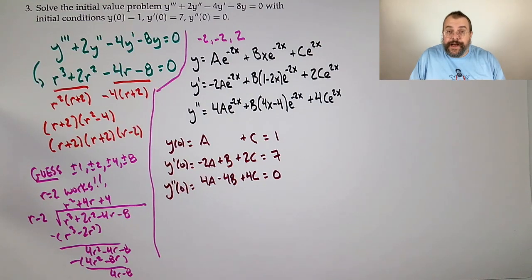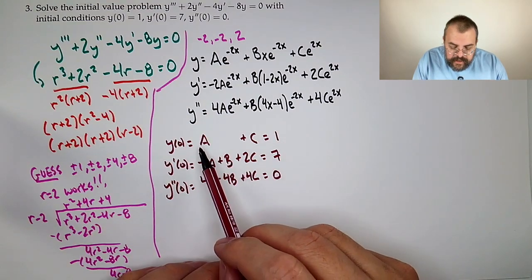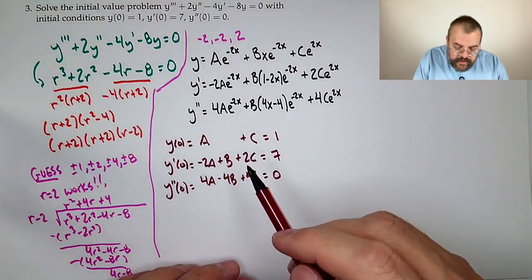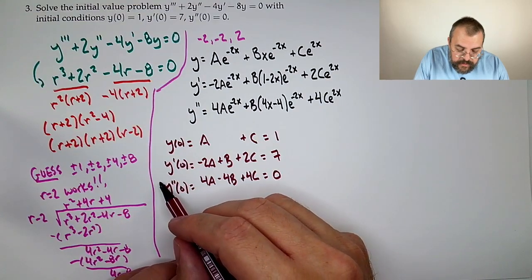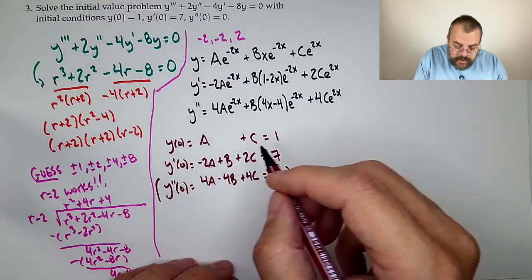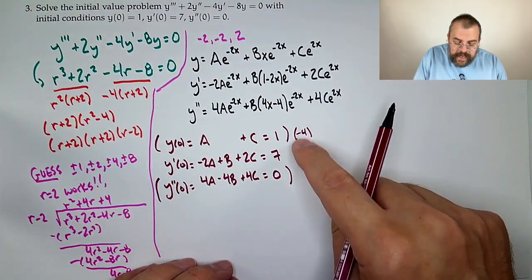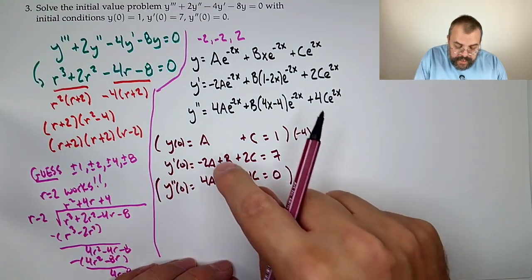Now, it seems like there's a lot of work going on here, but it probably isn't as bad as we think. Notice we see some 4's here, and there's 4's up here. So let's multiply the first equation by negative 4 and add it to the last equation. What would happen?